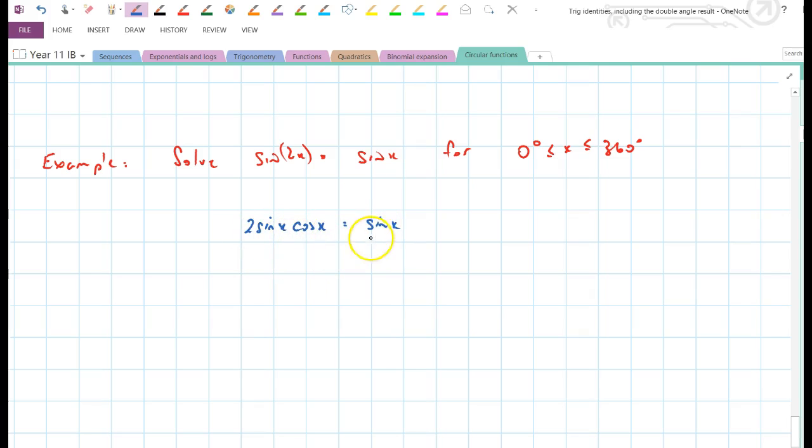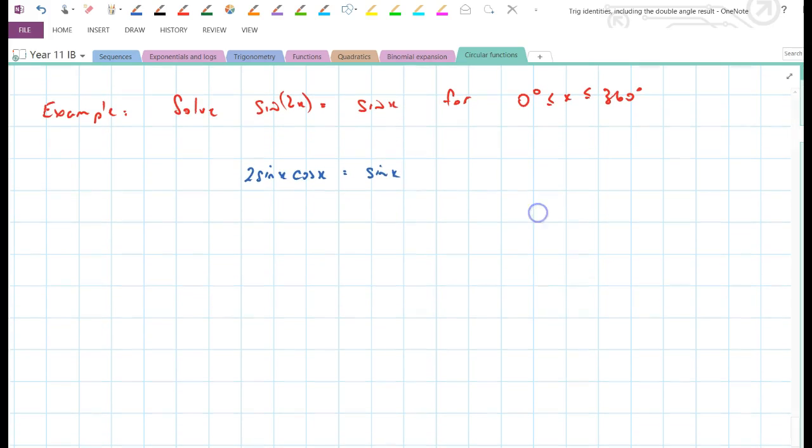The temptation here might be to divide by sine x and get rid of them. Dangerous, because sine x could be equal to 0, which is actually a solution, isn't it? If you make sine x equal to 0, you get 0 equals 0, and you would be ignoring some solutions that way. So don't do that. Rather, factorize. So 2 sine x cos x minus sine x equals 0. So clear the right side so you get 0.